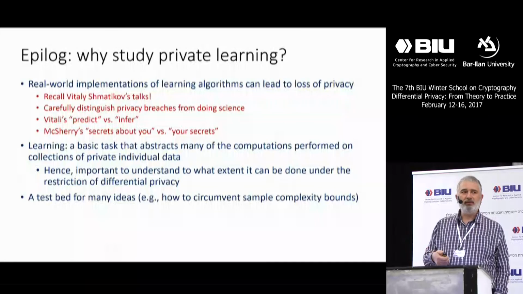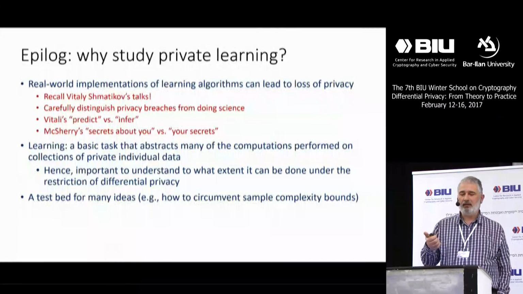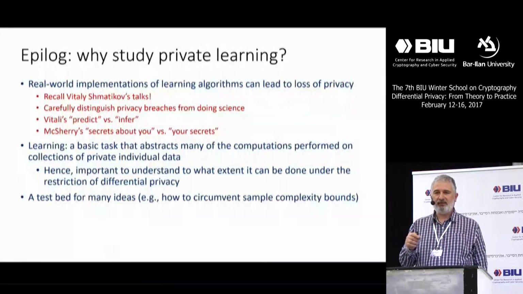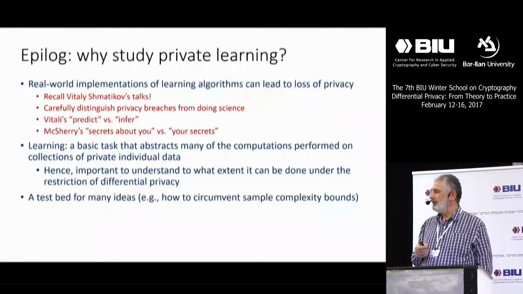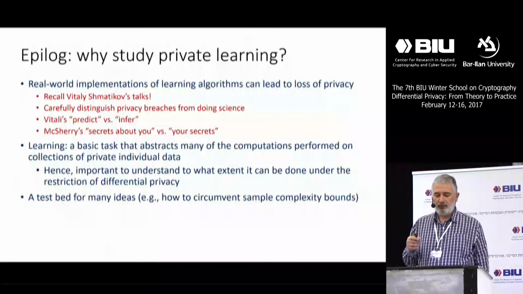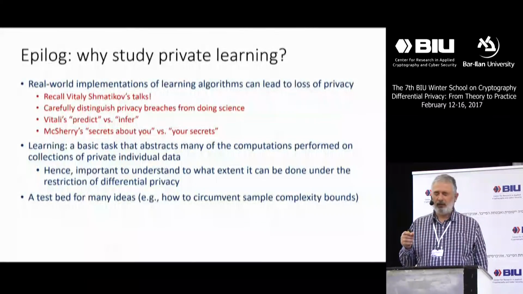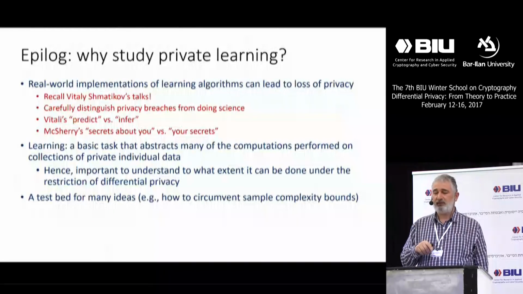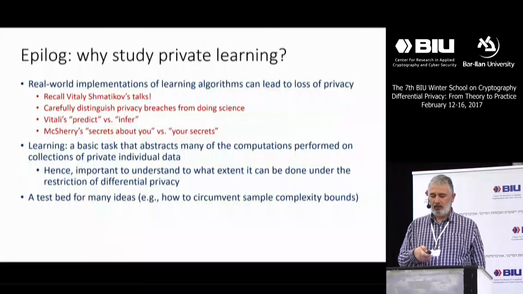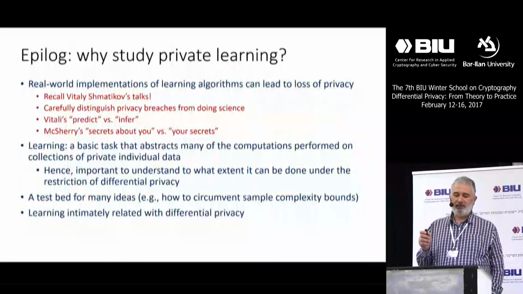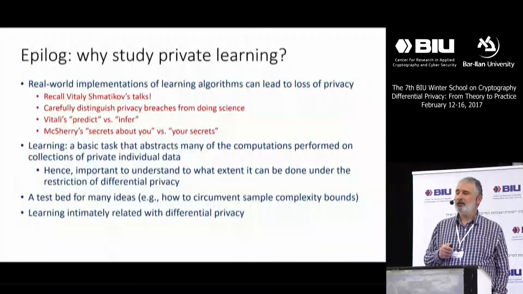The fact that you can use improper learning in a useful way, the fact that there is a striking difference in some cases between proper and improper learning, and between pure and approximate differential privacy. Of course, these are not the only examples. There are other examples. It's intimately related with differential privacy.